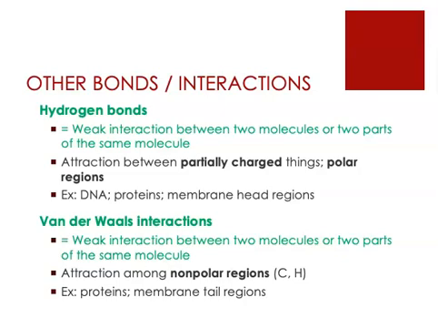So it's an attraction between partially charged things, polar things, right? If there is a region of a molecule that is partially positive, it will be attracted to a region of another molecule, or even the same molecule, that's partially negative. Partial positive will be drawn to partial negative, and they will form a hydrogen bond.